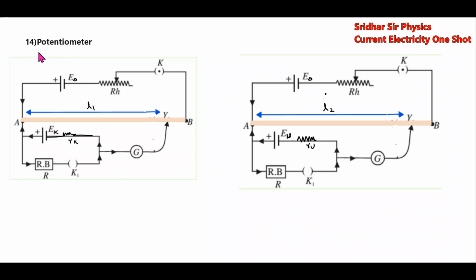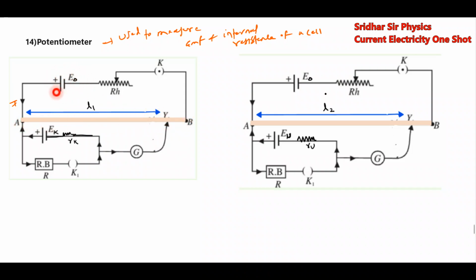Next we have the potentiometer. It's a device used to measure the EMF and internal resistance of a cell. Now what all will it have? This is called the potentiometer wire AB.